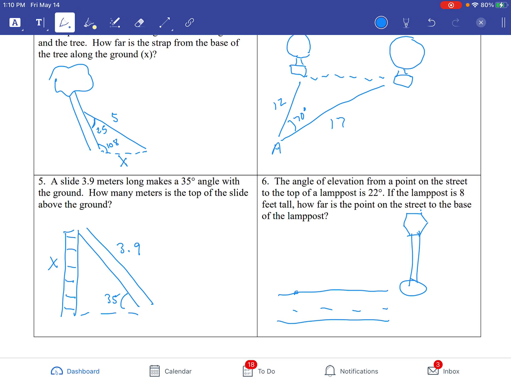Okay, so the point on the street to the top of the lamppost has an angle of elevation of 22 degrees. The lamppost is 8 feet tall. How far is the point on the street to the base of the lamppost? We're looking for this distance. And again, you've drawn the picture, and that's all you need to do for this power standard. All right, good luck.